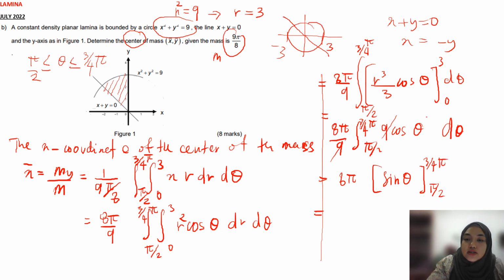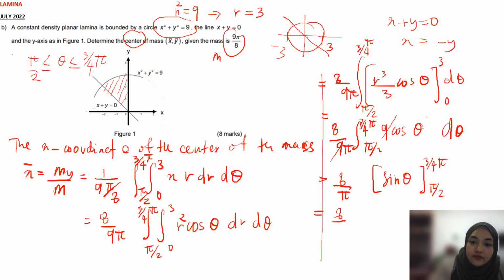Then as you substitute the value, sorry, the pi is supposed to be at the bottom, the denominator. I made a mistake earlier. Pi at the bottom. Don't make a careless mistake.